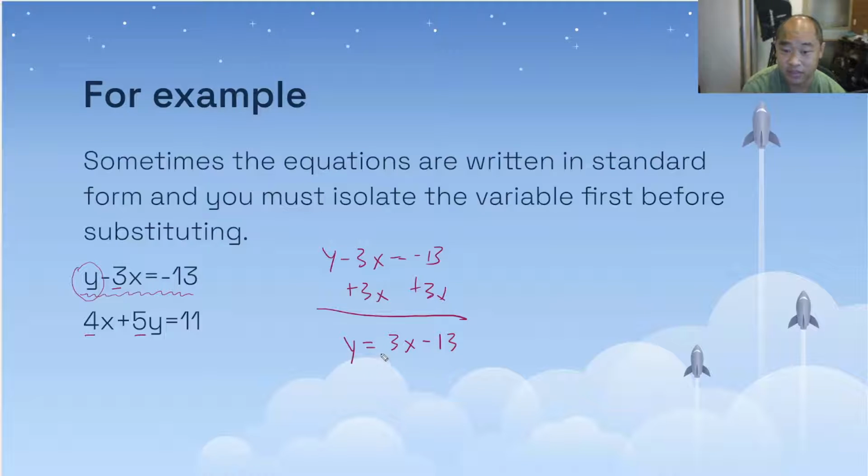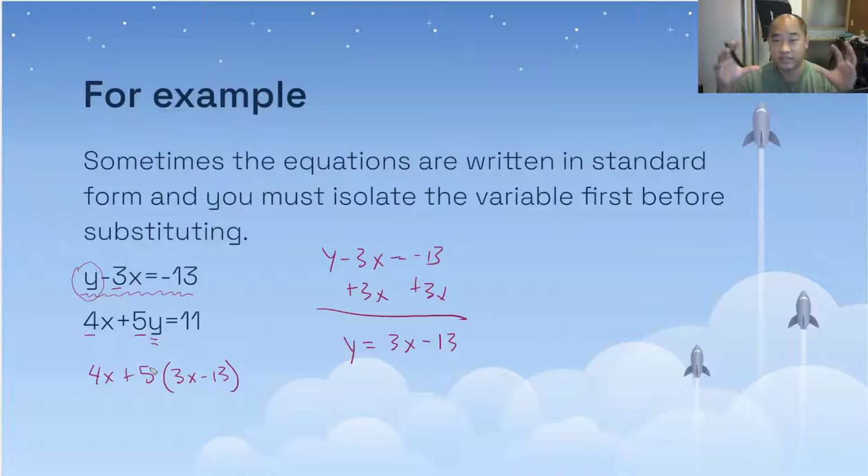Now that we have this, we can substitute this into the other equation, 4x plus 5. And instead of saying y, we can write in parentheses 3x minus 13. Remember to use the parentheses because y is a single entity, it's just one thing. So you have to write this in parentheses because this is also one thing.